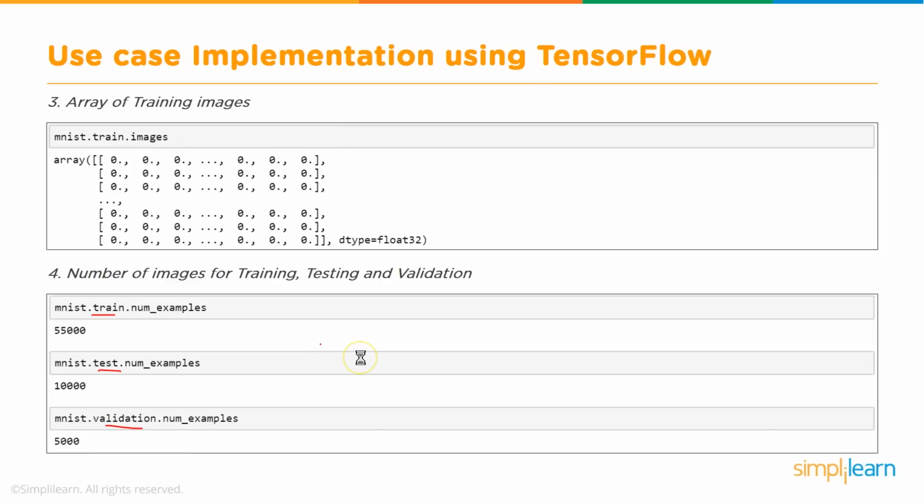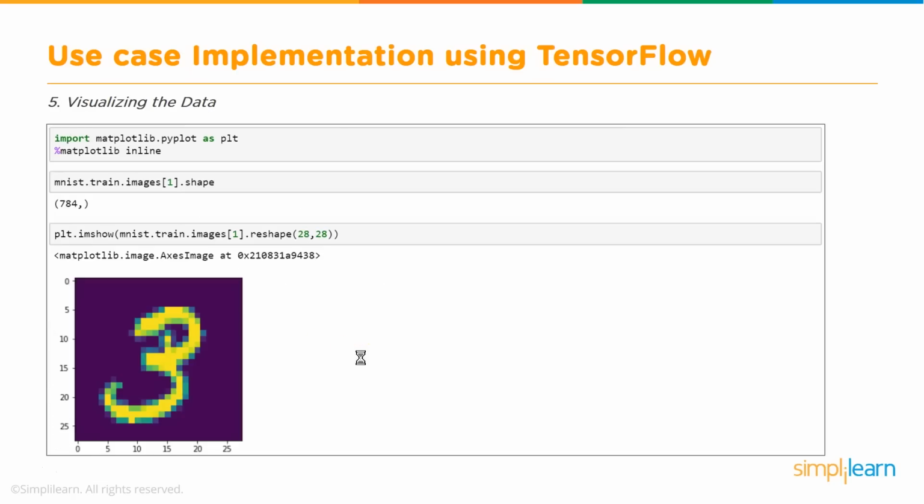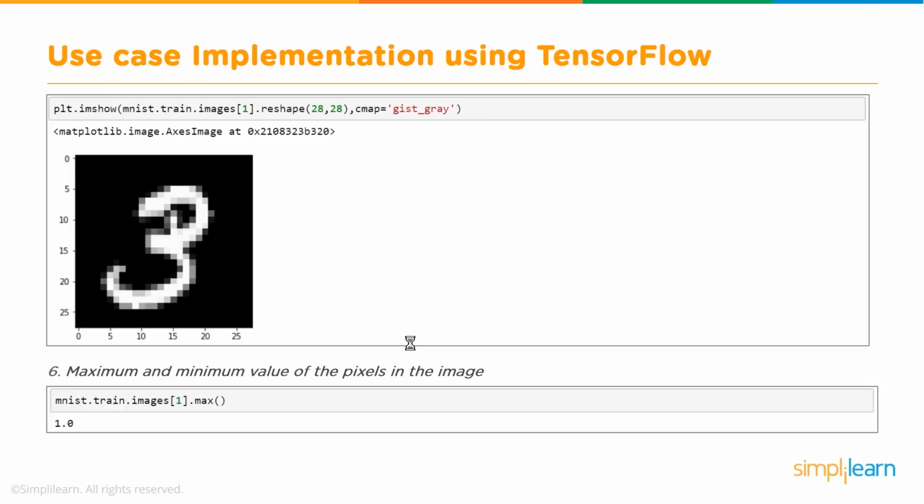All right, so let's move on, and we can view the actual image by using the matplotlib library, and this is how you can view it. This is the code for viewing the images, and you can view them in color or in grayscale. The cmap is what tells in what way we want to view it.